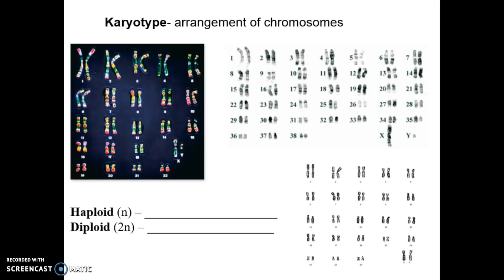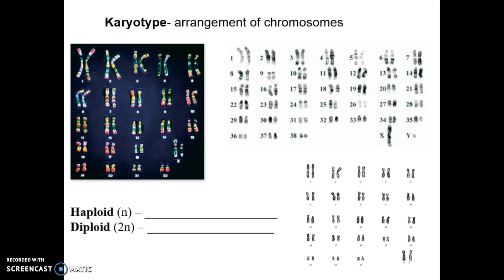So all human males should have 22 pairs of chromosomes, and then the additional XY pair. So 23 total, but that's what makes you a human male. The difference between a male with brown hair versus blonde hair is the information found on specific chromosomes.